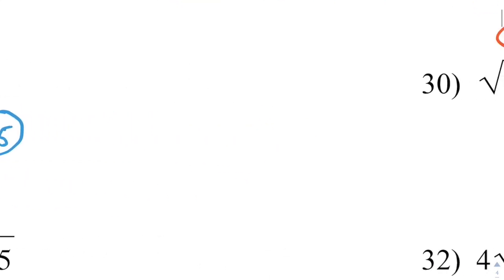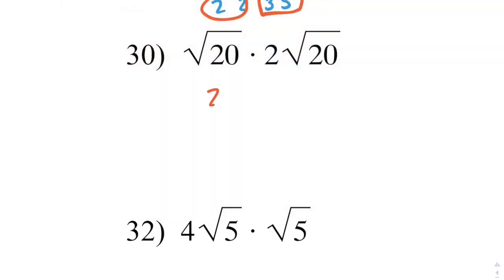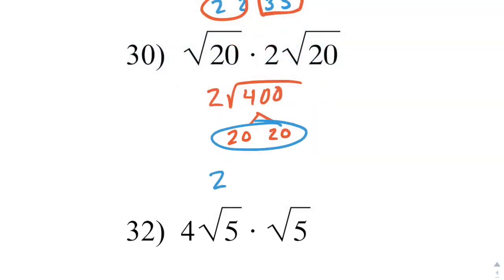Okay. 30. We have 2 square root of 20 times 20 is 400. Ironically, 400 is composed of 20 times 20. So we are done. 2 times, we pull out the 20, which is 2 times 20 is 40.